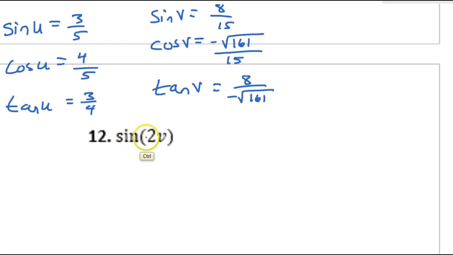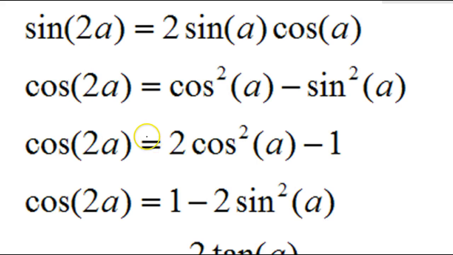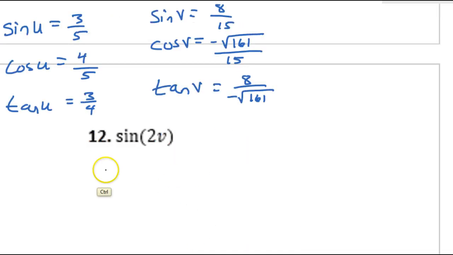Number 12, sine of 2v. Well, we will need these formulas. So sine of 2a is 2 sine cosine. So this is going to have to be 2 sine v cosine v. Alright, well, sine of v is 8 over 15.